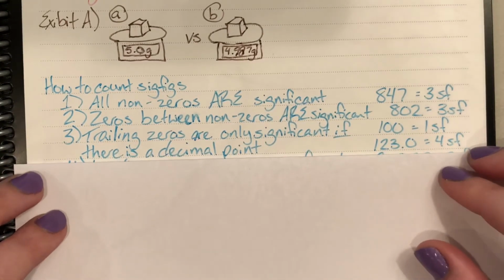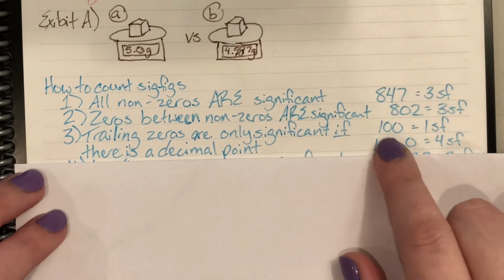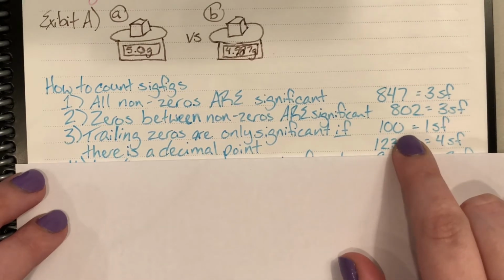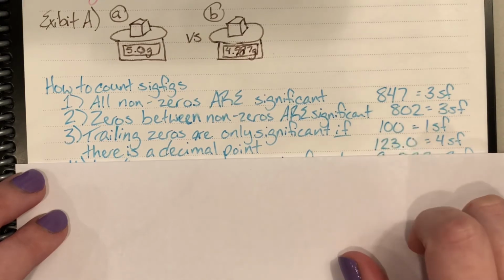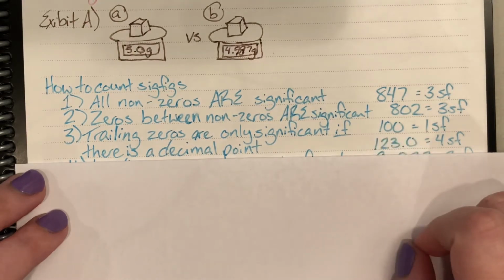Trailing zeros. This is where we start getting a little bit weird. Trailing zeros are only significant if there is a visible decimal point. So 100, no decimal point. Those 2 zeros are placeholders only, and they do not signify that I am certain about these places.